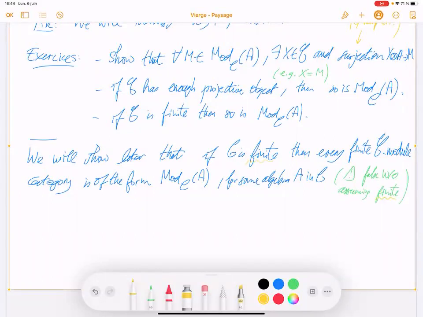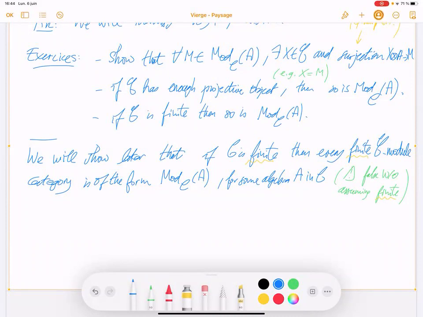Finite here, and finite here. I guess this is for these two finite occurrences. So in this finite case, it's okay.